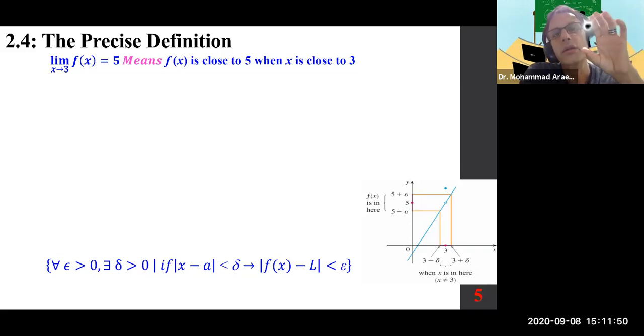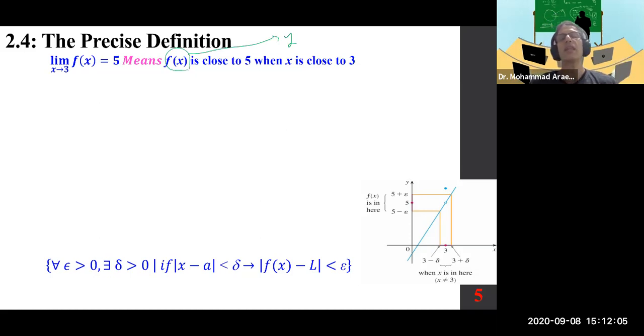The y is close to 5 when the x is close to 3. And always remember, f of x means y. So y gets close to 5, x gets close to 3. So whenever x is closer and closer to 3, the y is closer and closer to 5.